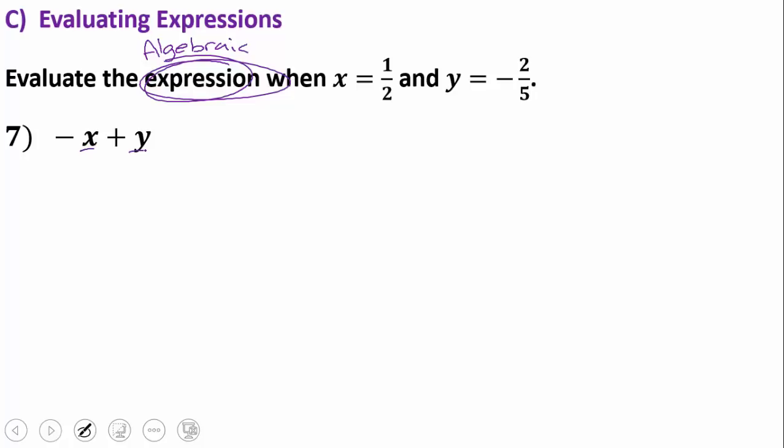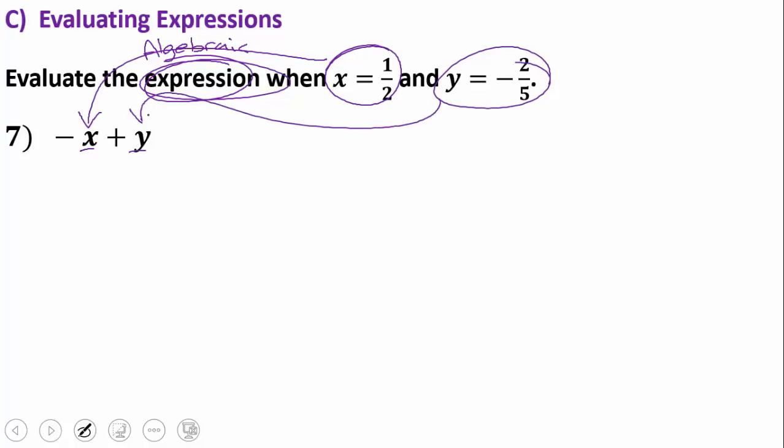Anytime an expression or an equation has a variable, it's an algebraic expression or an algebraic equation. It has an unknown. Well, this has two unknowns, and all we have to do to evaluate it is substitute in the numbers in the appropriate place and follow the order of operations using integer rules and get the evaluation done.